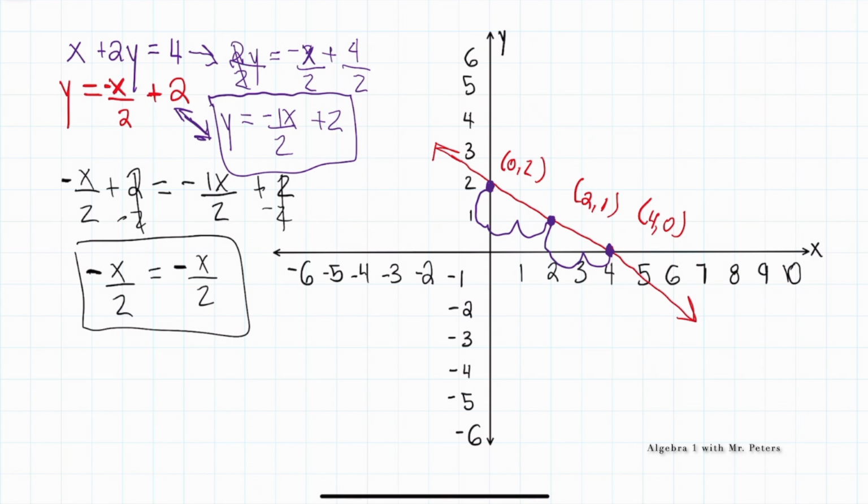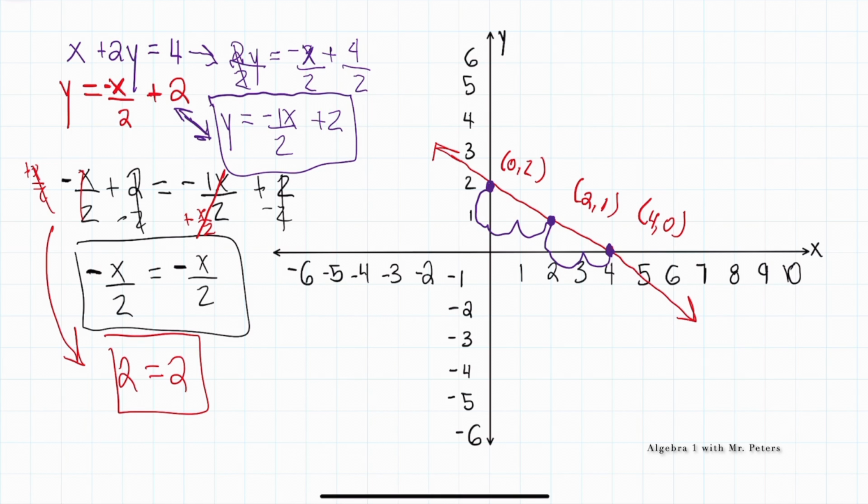If I did this same step with the variables, if I added x over 2 instead of the constants, what would happen is that the x over 2 would cancel out, and I would be left with 2 is equal to 2.